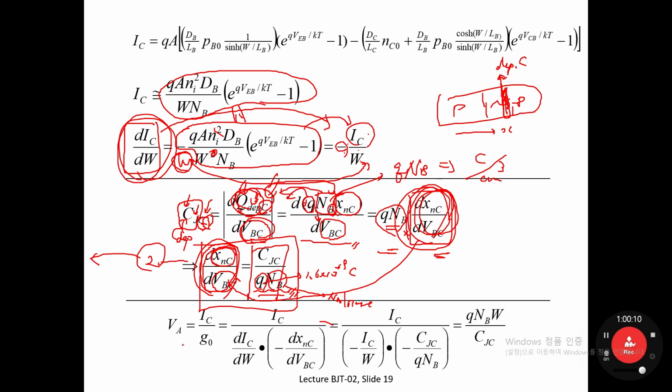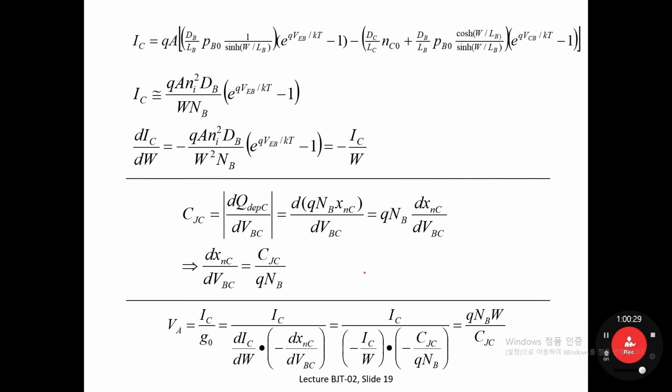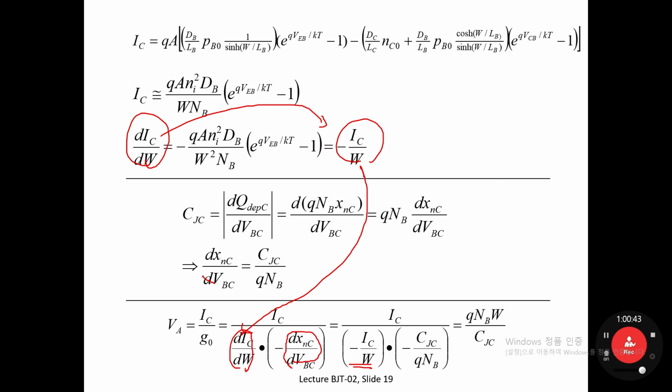Then let's go back to the Early voltage. Output current divided by output conductance, and the I_C is the same, and the output conductance is rewritten as a multiplication of two terms. The first term, dI_C here, can be found here, so plug in here, and you will see minus I_C over W. The second term can be found here, and it can be rewritten as junction capacitance over Q times N_B.